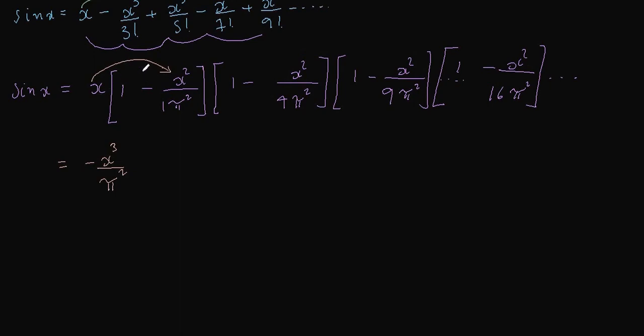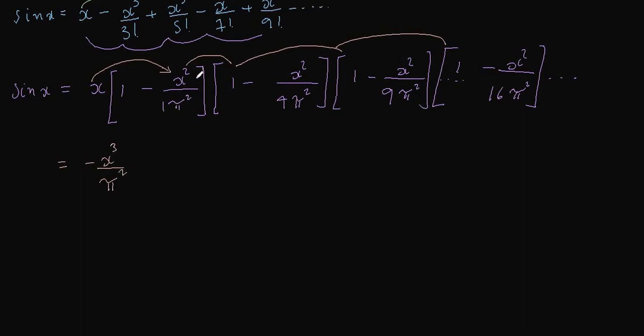Now we take the second one, and also because this is an infinite product, we cannot stop here, we have to keep multiplying. So after multiplying x by x squared, we multiply the rest by 1. Then again we take the 1 from here and the 1 from there, and so on. So the first term is going to be minus x cubed over pi squared.